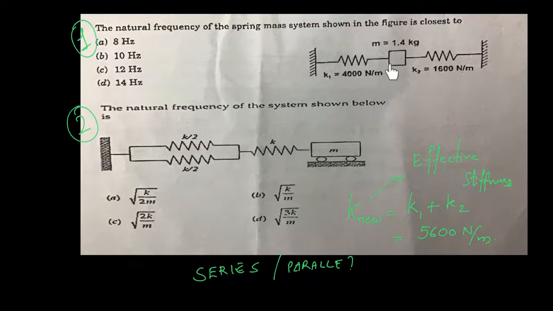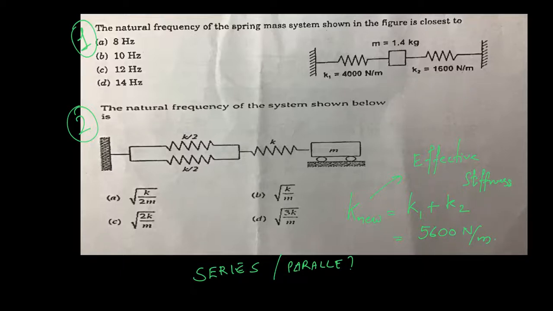Similarly, this spring is getting extended, so this will try to bring or pull this particular mass towards this side. So the two forces coming from the springs are acting in the same direction, so the net stiffness in the system can be thought of as a summation of the individual stiffnesses. Make sense?